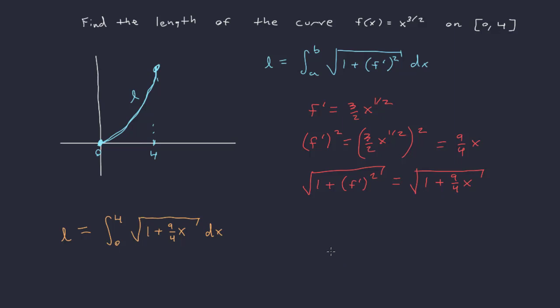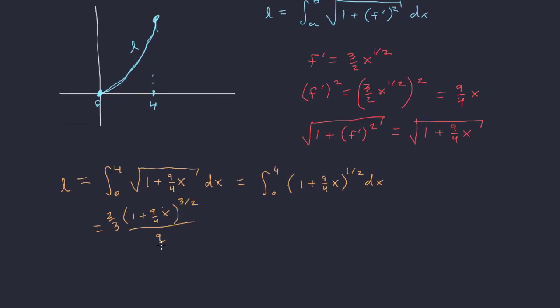All right, and from here we're going to do a quick u substitution. Since this is 1 plus 9/4 x to the 1/2, we can do a quick u substitution because it's basically the stuff raised to 1/2, so it'll be the stuff raised to 3/2, okay, times 2/3, and then we just divide by the derivative of the inside, and the derivative of the inside is just 9/4.